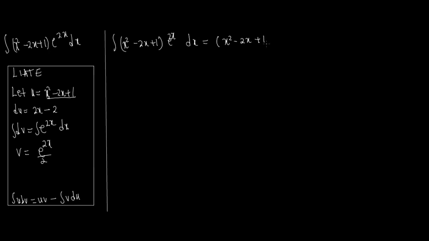And v will be equal to e to the 2x divided by 2, minus the integral of v du. v is equal to e to the 2x divided by 2, and du is equal to 2x minus 2.